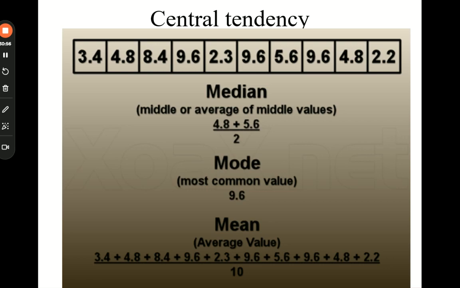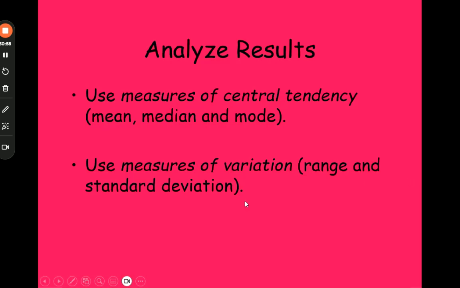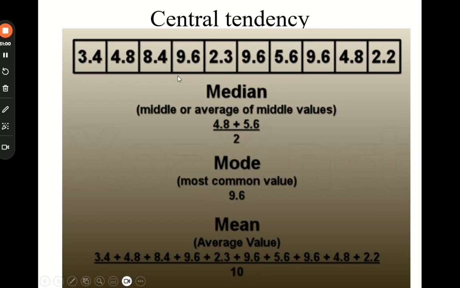Now, the mode is the one that's the most common, okay? So 9.6 appears 3 times, so that's the mode. The mean is when you add it all up and divide it by the number of datum that you have.